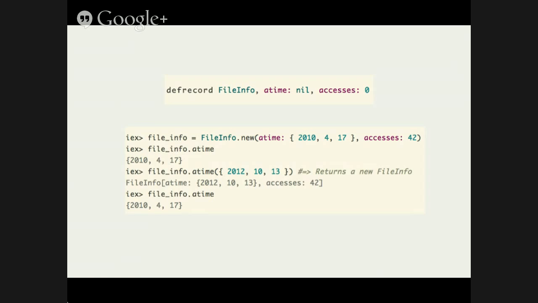The important thing to look at here is that where we're calling the setter, it actually returns a new file info because everything in the Erlang runtime is immutable, which will be important when I talk about concurrency. So you never change an object once it's defined. You will transform it and return a new thing.